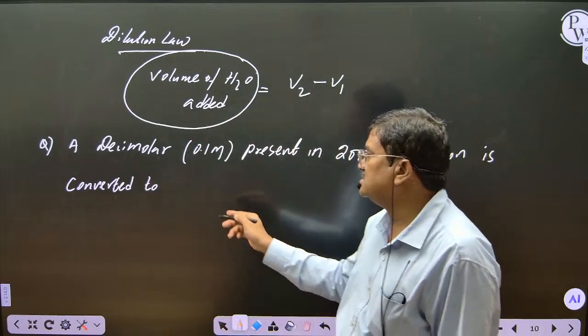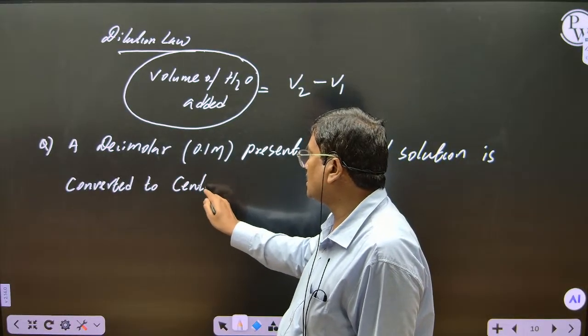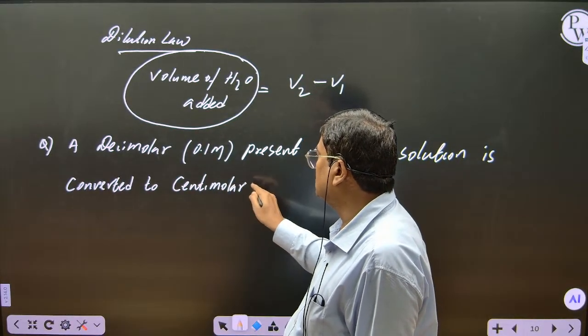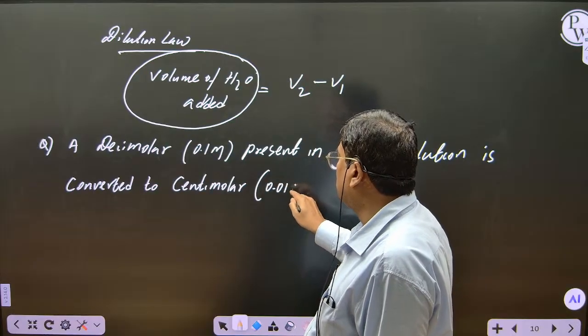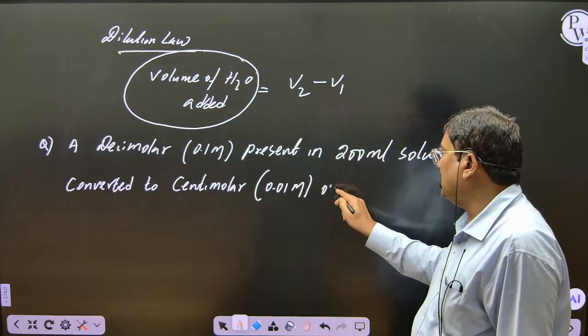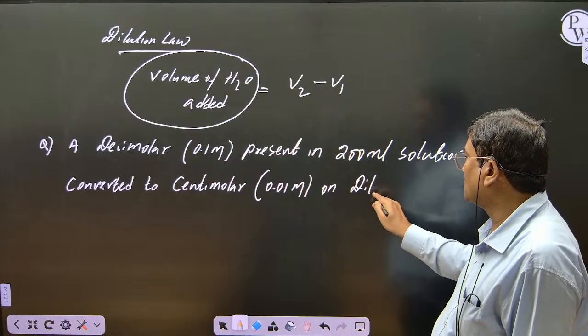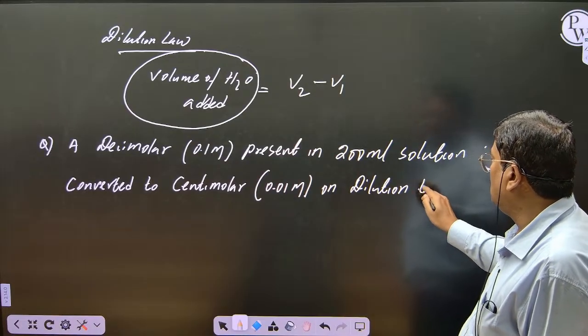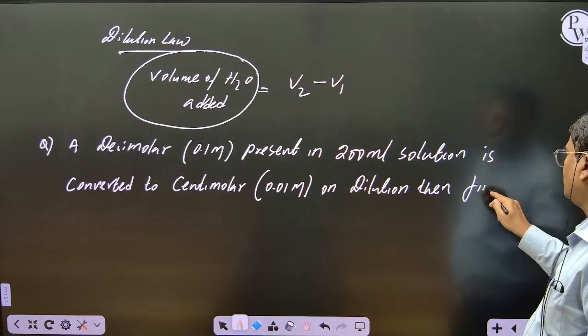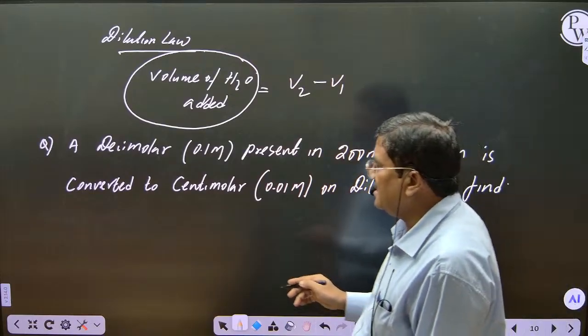Centi means how much? 1 by 100, that is 0.01 molar on dilution. Then find the volume of water to be added.